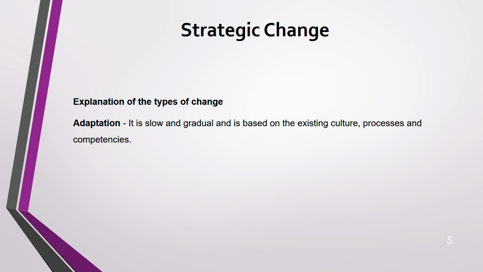Now, knowing the meaning, I will explain the boxes. Adaptation. What is the meaning of adaptation? Adaptation means you are slowly and gradually changing, but your culture remains the same as your existing culture. So tell me, out of those 4 boxes, which one will adaptation fit in? Through the explanation, tell me which box it will fit.